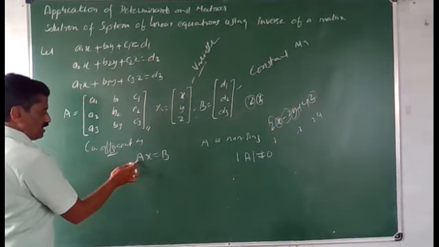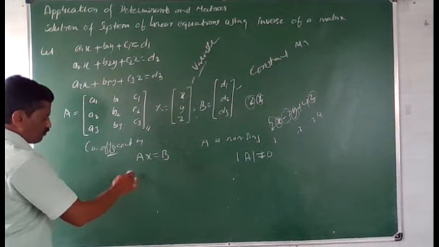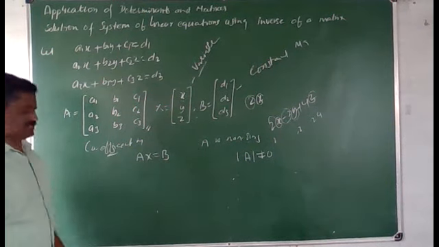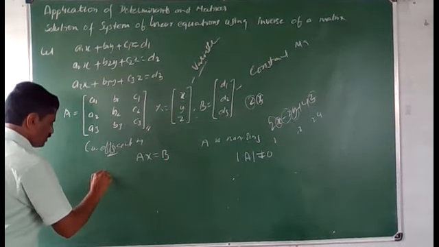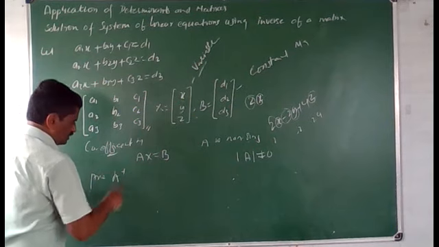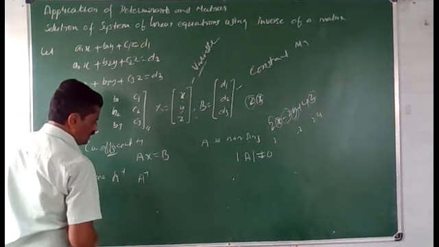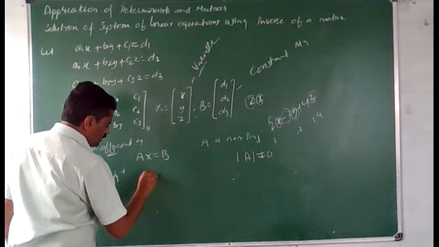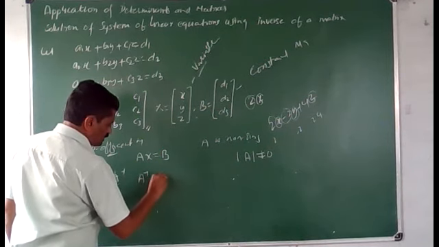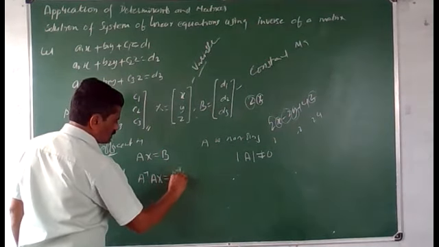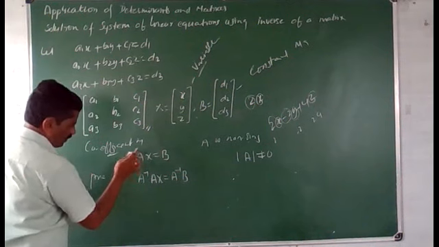Again, if A is a non-singular matrix, then AX is equal to B. So pre-multiply by A inverse.